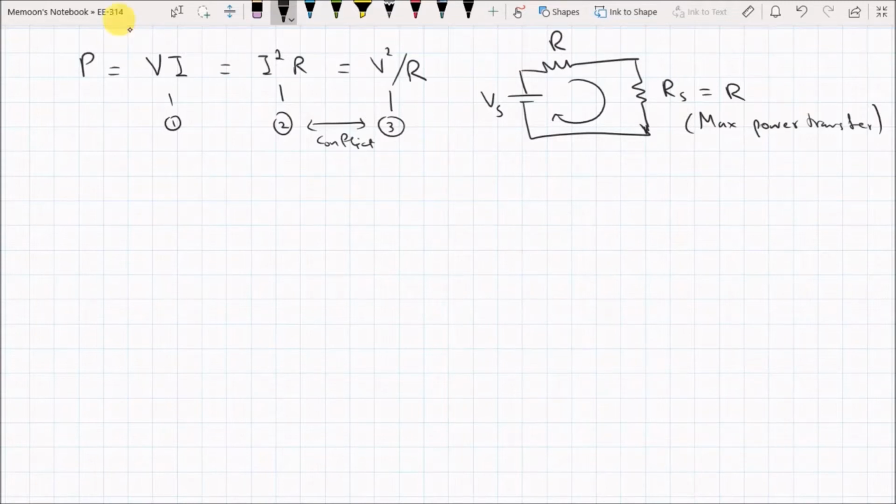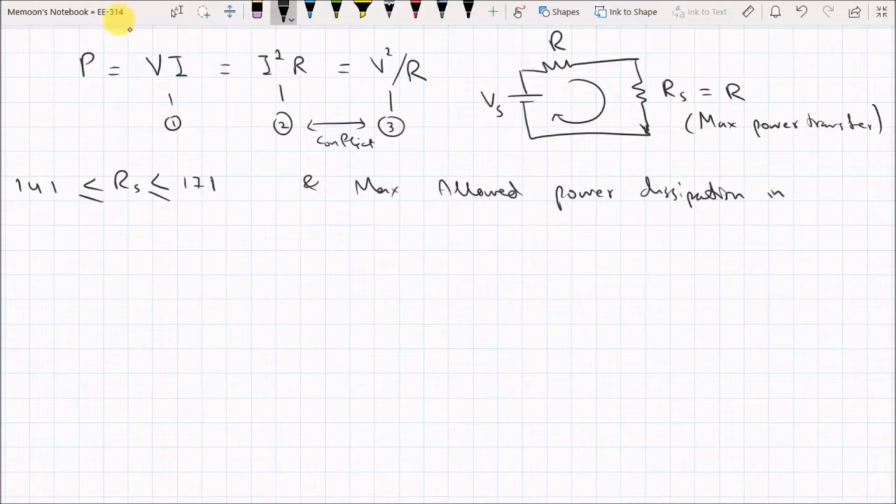Say your Rs ranges between 141 ohms to 171 ohms, and your maximum allowed power dissipation in Rs is 30 milliwatts.